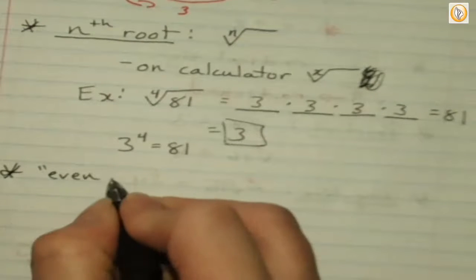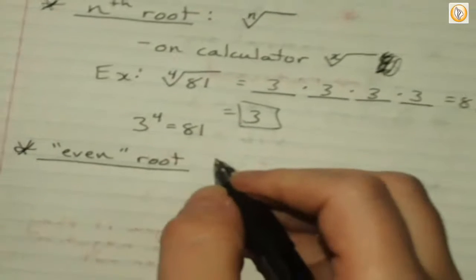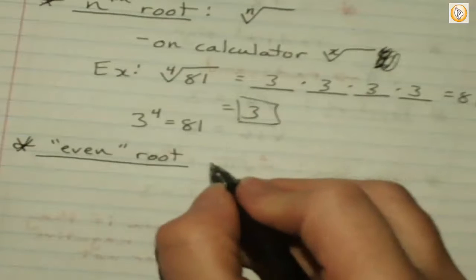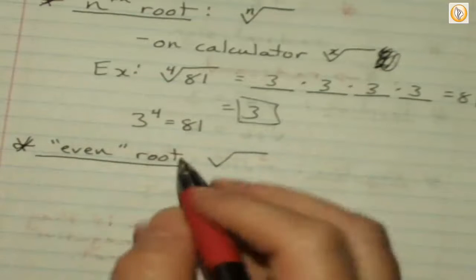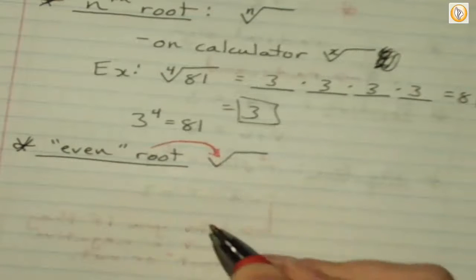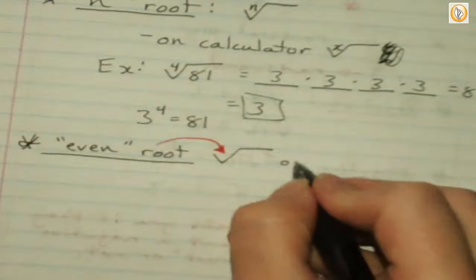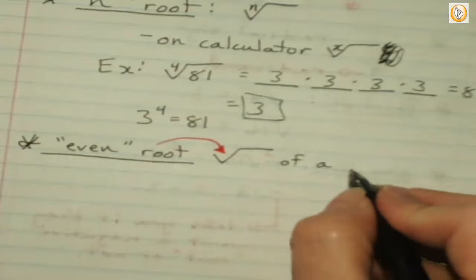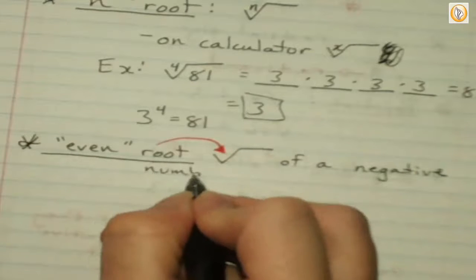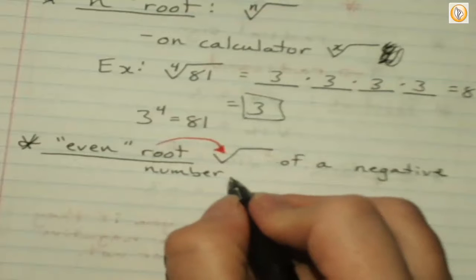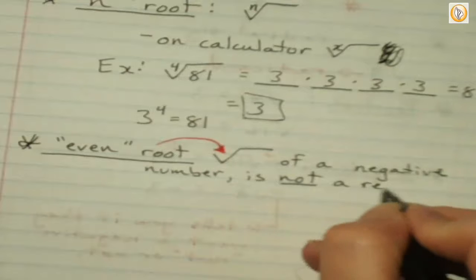Even root. So if the number here is even, and you have the even root of a negative number, it is not a real number.